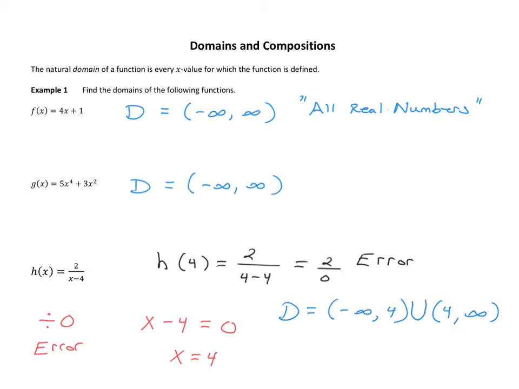And we can use this union symbol to say the answer is both intervals, this one and this one. A quicker way to write this would be to say the domain is every x value except 4. So if you use an interval, you'd have to write it like this, using this union symbol because you have two pieces. But here's a really fast way to write the same thing.